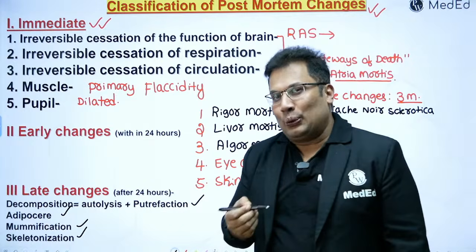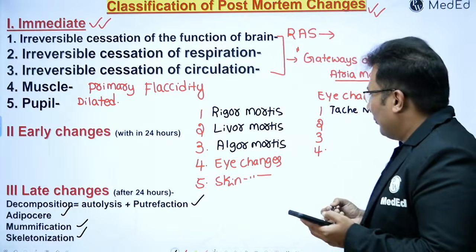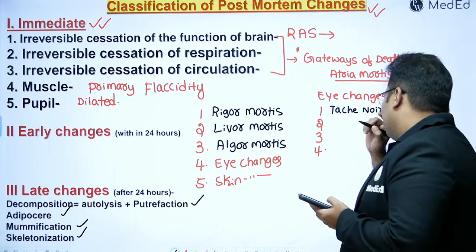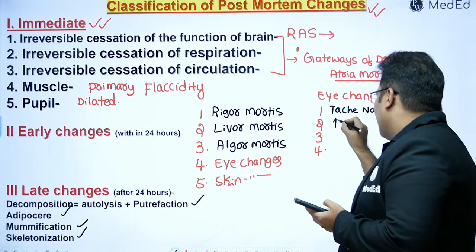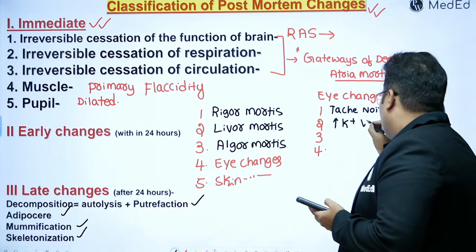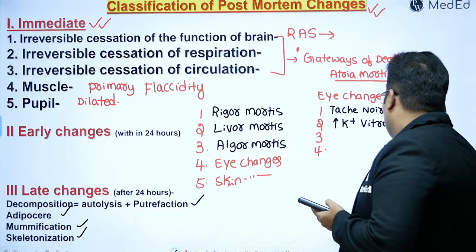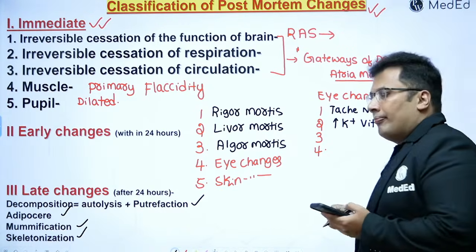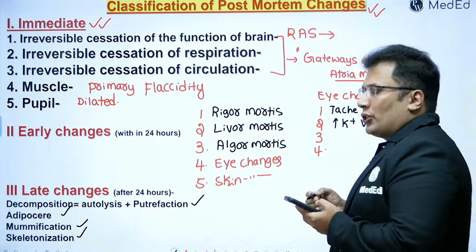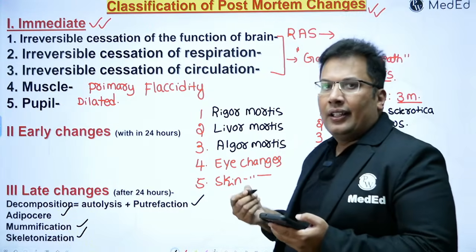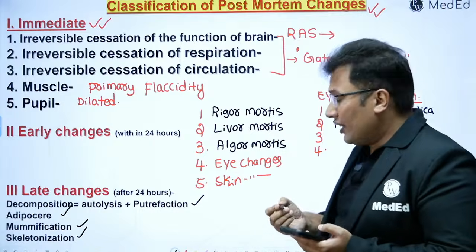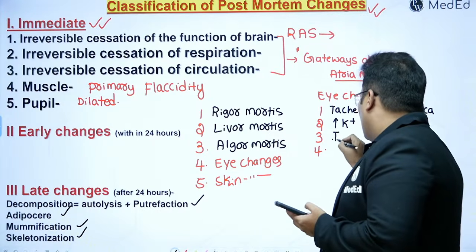People ask this again and again. Then the second important change: there is an increase in potassium level in the vitreous. Then, as you know, the pupil is dilated. The pupil can be constricted in rigor mortis. IOP becomes zero.